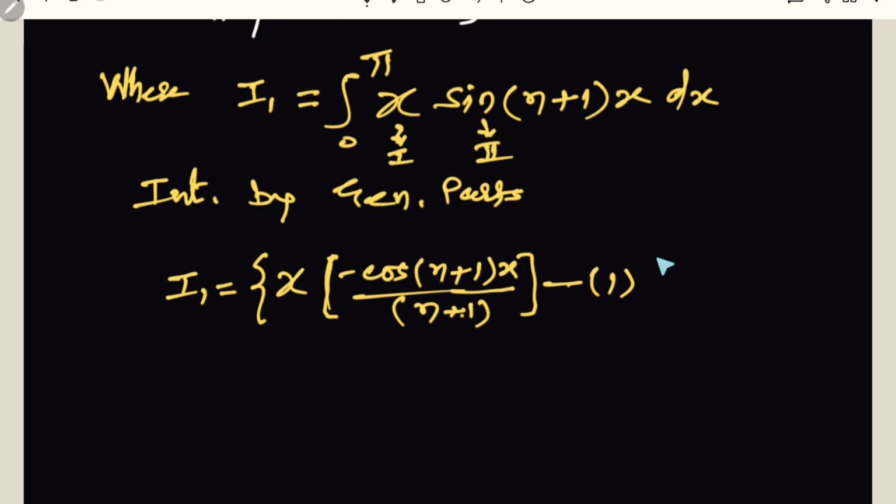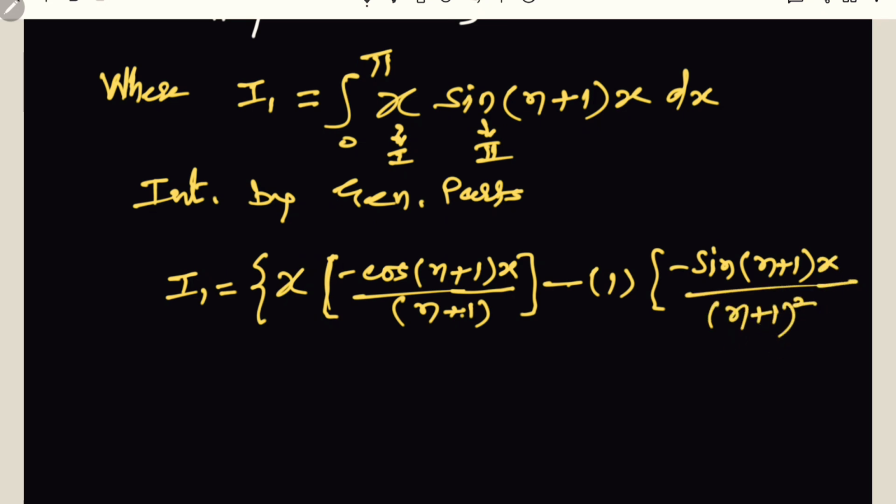Next, integration of cos is sine with that minus sign, therefore minus sine of n plus 1 times x divided by n plus 1 whole square. Keep that sign as it is, don't multiply at this stage. Then substituting the limit as 0 to pi, upper limit as pi.